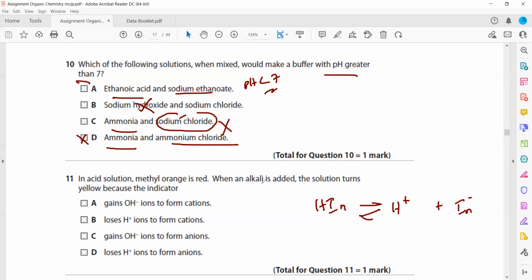So when alkali is added, alkali means OH is there. This OH will attract the hydrogen ion. As a result, the molecule will dissociate into more hydrogen ions. So what will happen to the indicator? The indicator will lose its proton to form an anion. That's why D is the right answer.